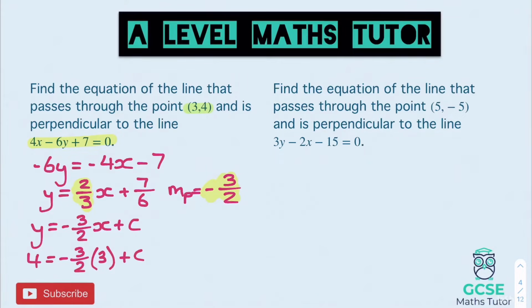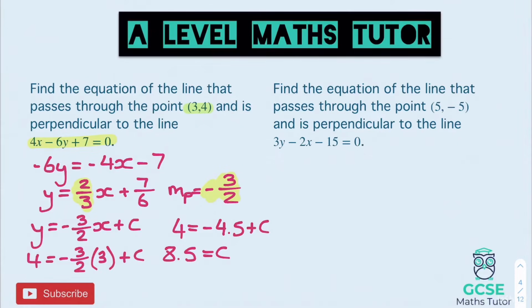Now 3 times negative 3/2, and again we'll just do it on the calculator, becomes negative 9/2. So we have 4 equals negative 9/2, which is minus 4.5, plus c. And if we add the 4.5 over to the other side, we get 8.5 as our value of c. So there we go, 8.5 equals c.